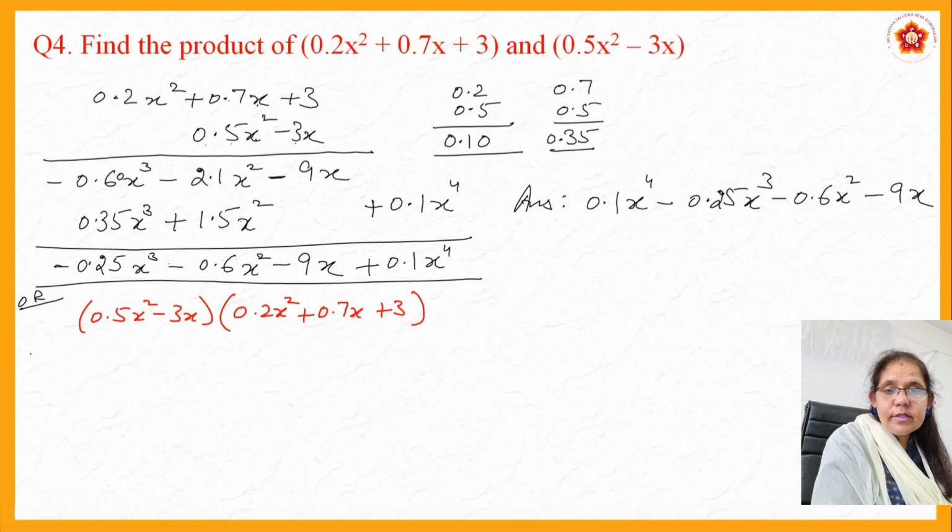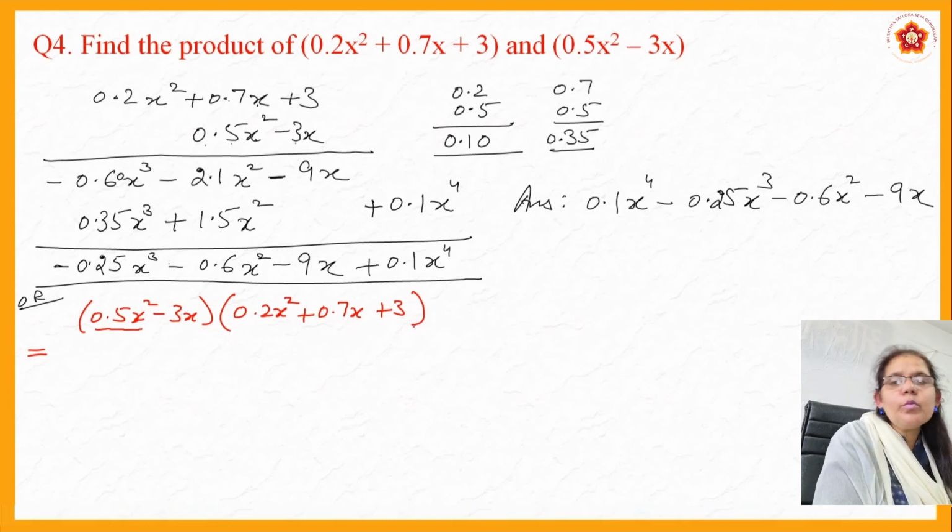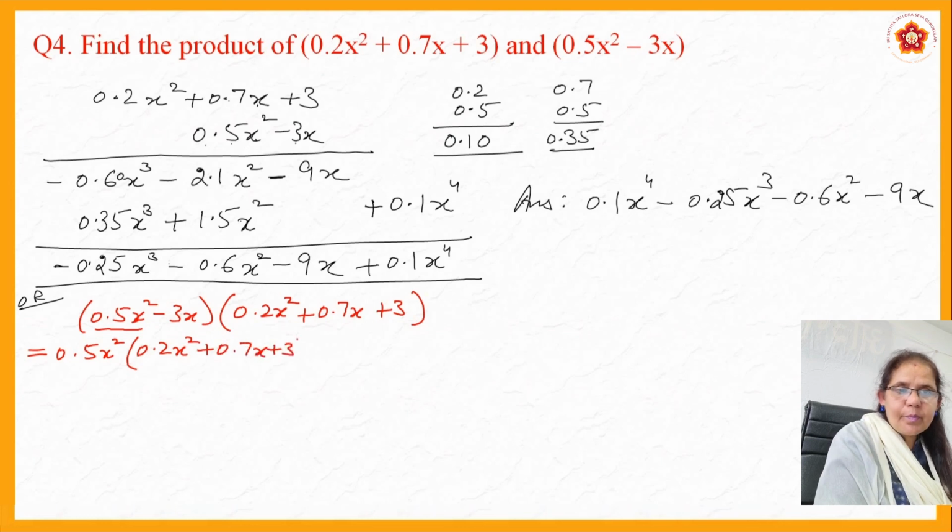Now why have I done it? When it is multiplication, 0.5x square has to be multiplied by each term of the second bracket. So 0.5x square is to be multiplied by each term of the second bracket.